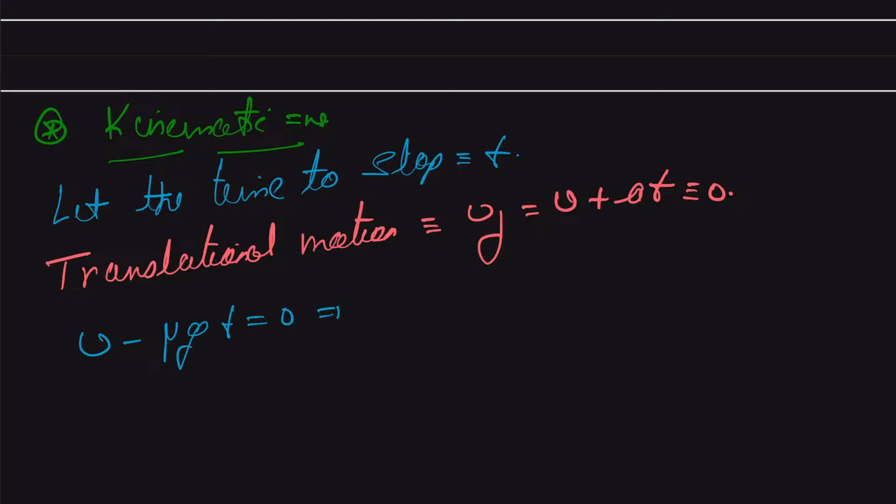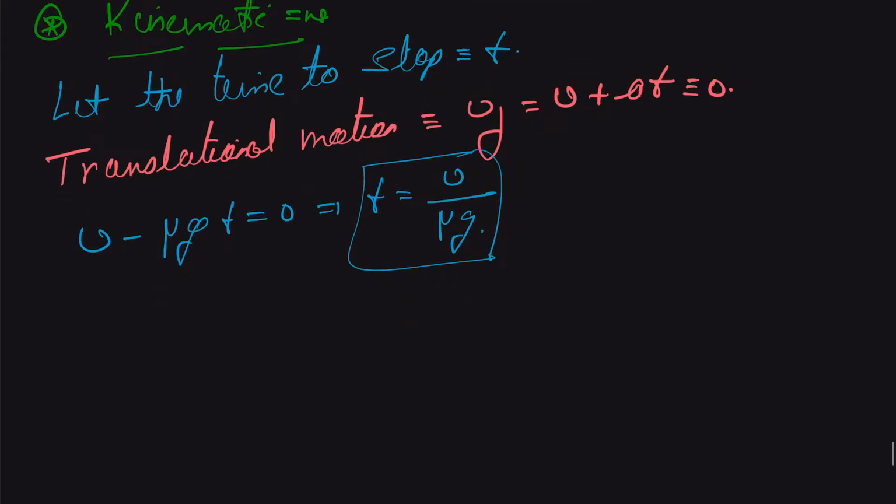So t is equal to v upon mu g. This is the time taken to travel the distance d, or the time to stop.